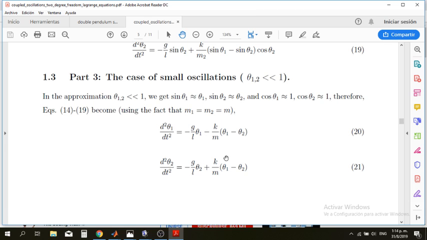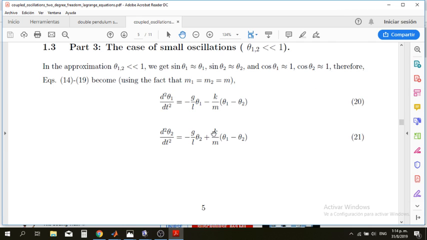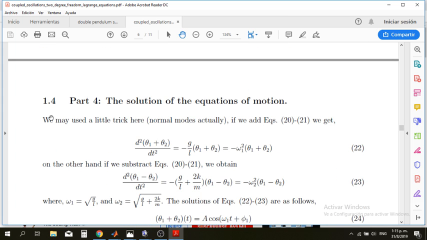This is very important from now on. If we add these two equations, the second term on the right hand side will cancel, and we get the next part, the solution of the equation of motion.